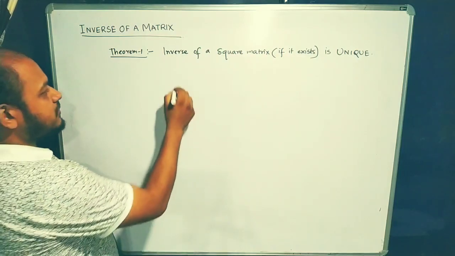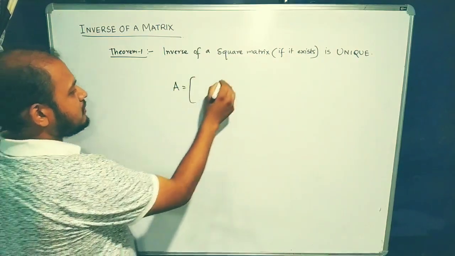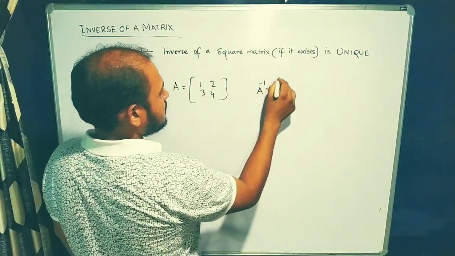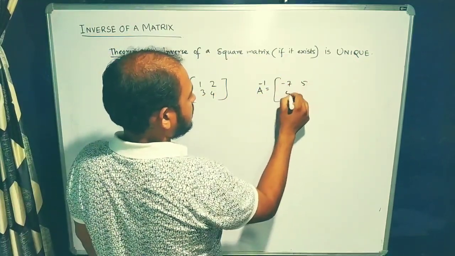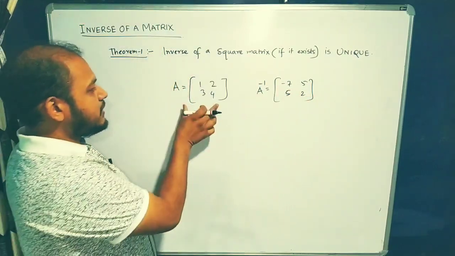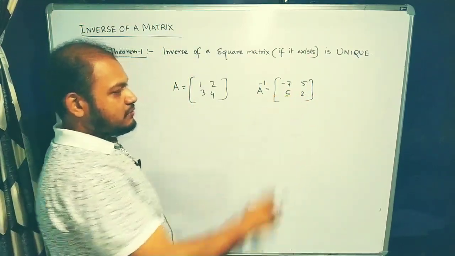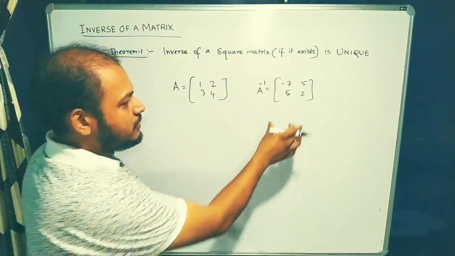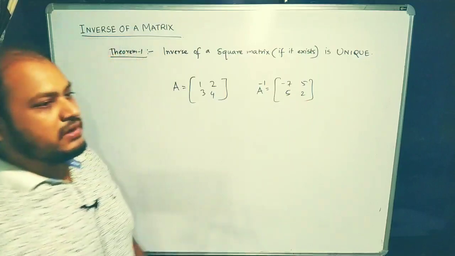That means, for example, if I say A is the matrix 1, 2, 3, 4, and suppose A inverse is some matrix like this, then this matrix has only one inverse possible. There is no other, that means you cannot make another matrix that will be an inverse of this matrix.